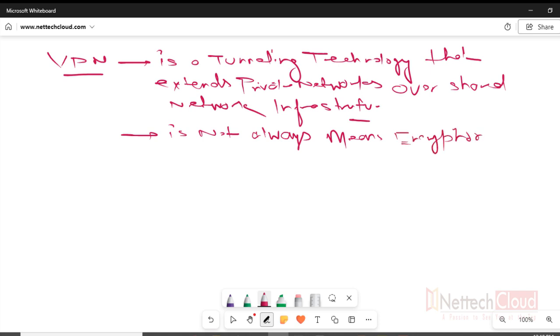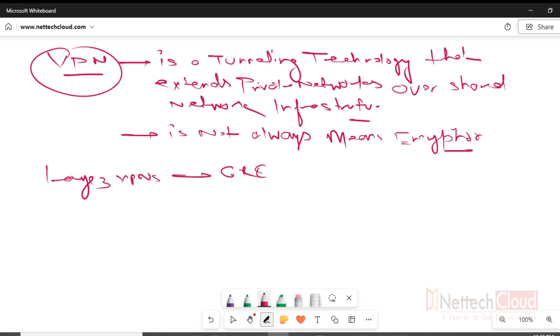Let me quickly give you examples wherein encryption is not done by default. If I take the example of a GRE tunnel, a GRE tunnel is again a VPN, a layer 3 VPN rather, right? Or MPLS VPN; even IPSec is also an example of VPN.